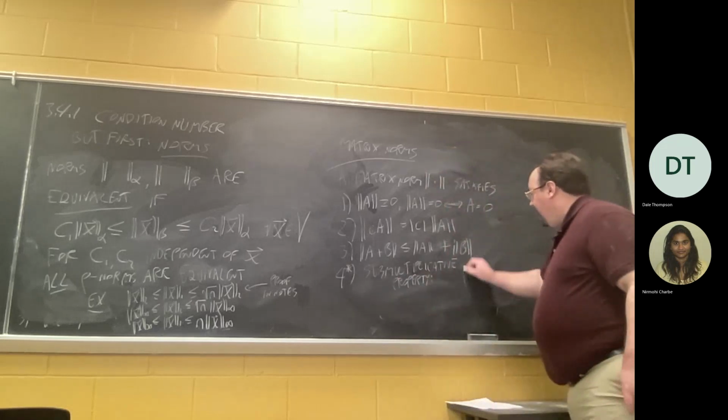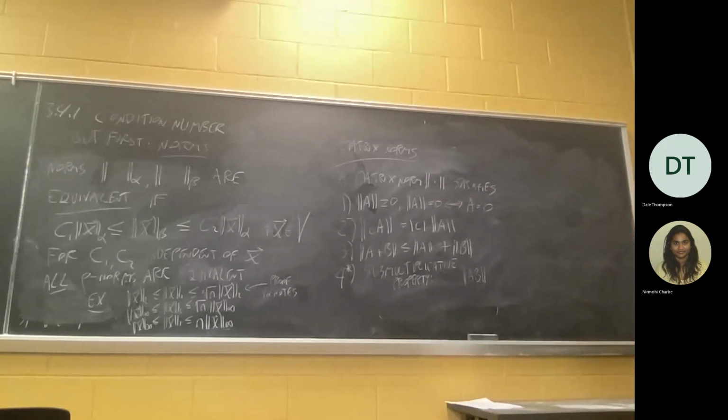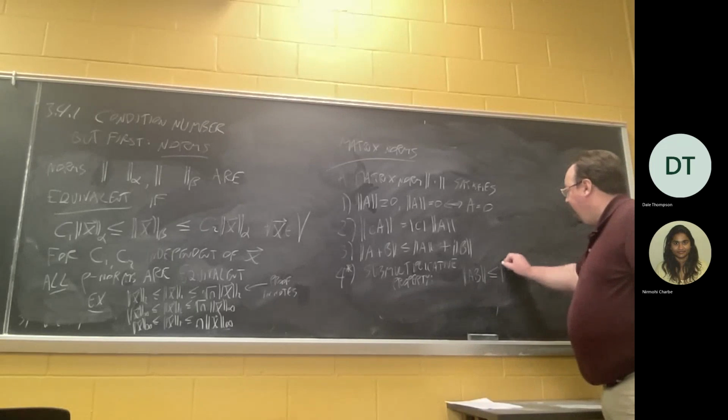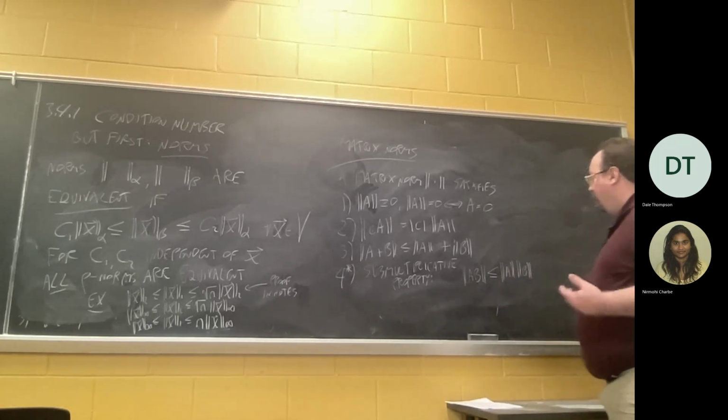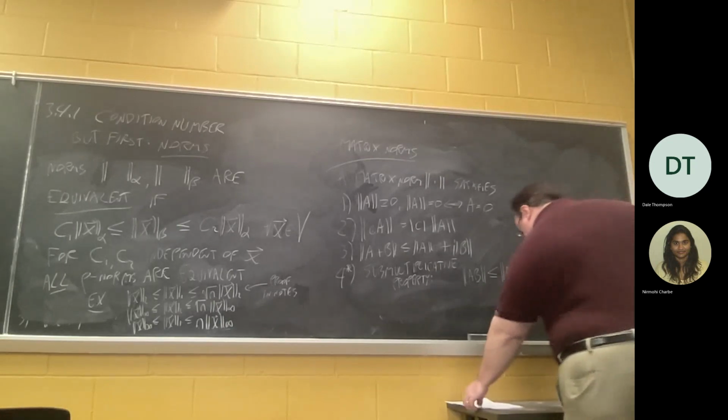That is that the norm of a product, assuming that the matrix product makes sense for dimensions of A and B, is less than or equal to the norm of A times norm of B. So the norm of a product is less than or equal to the product of the norms. For any norms that we'll be dealing with, this property does hold.